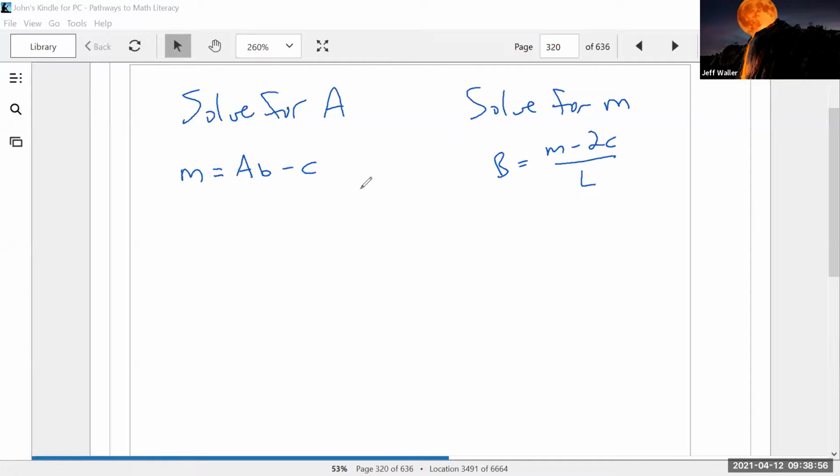The steps don't change. For the second problem, I'll give you a hint. There's a thing you could do first that would make this a much better equation.